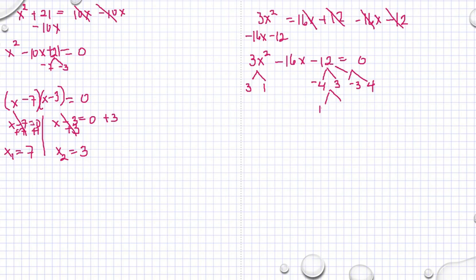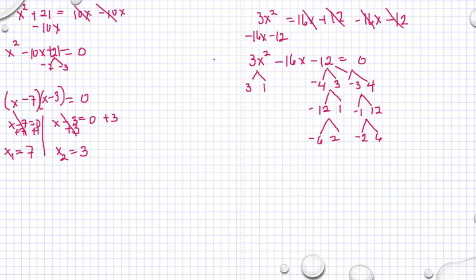And we have also 12 and 1, negative 12 and 1, or negative 1 and 12. We also have negative 6 and 2, or negative 2 and 6. I don't know which of these will give us minus 16.